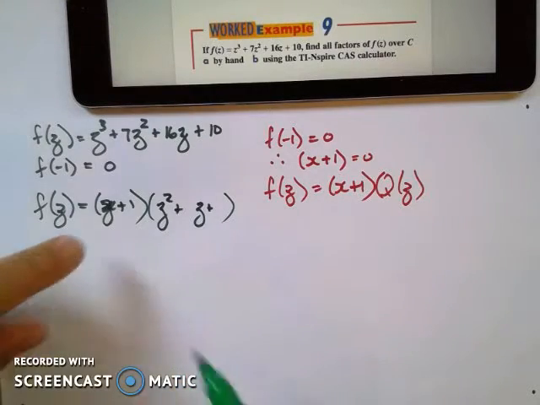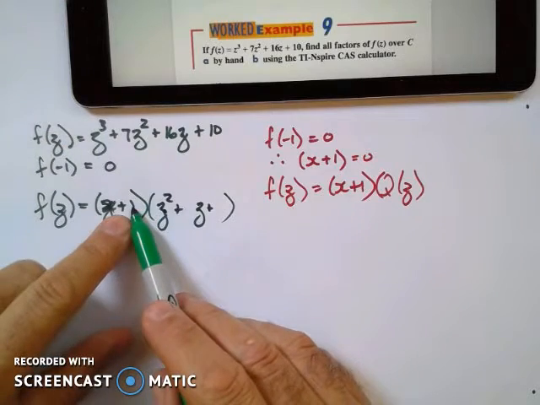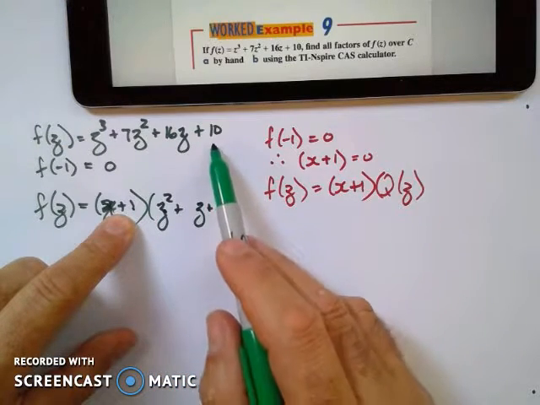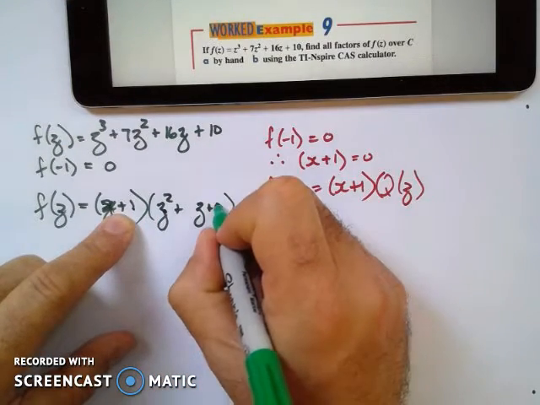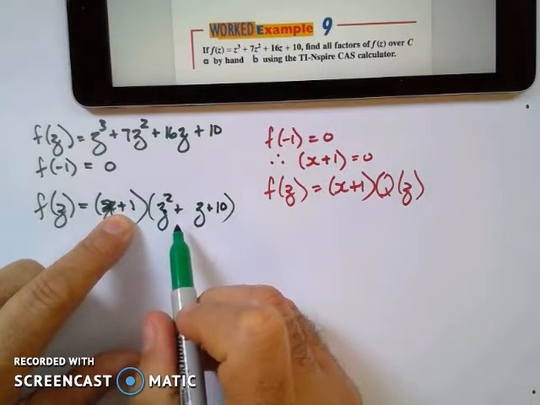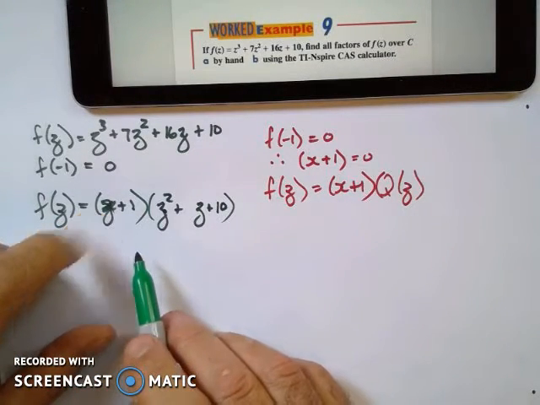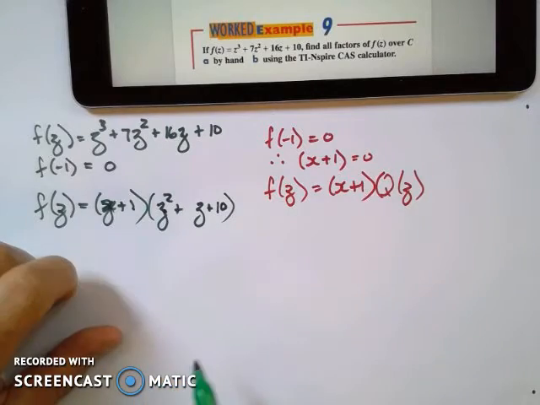I'm just going to cross-check. I know that z times z squared is z cubed, and I know plus 1 times something must give me 10. So this is obviously going to be 1 times 10. The middle one can be a little bit tricky, and there are two different ways of doing it. You can look at your z squared values, or you can look at your z values.